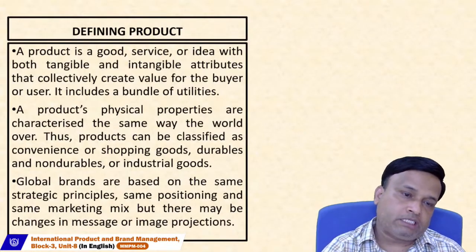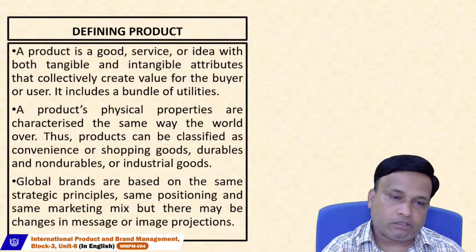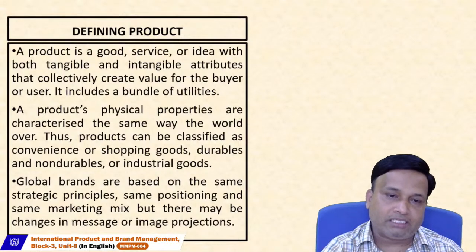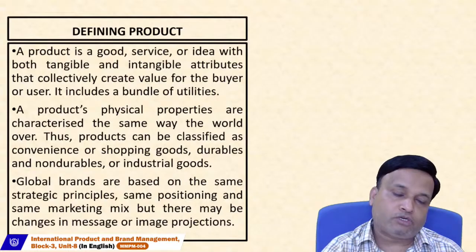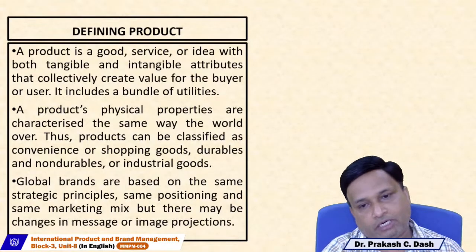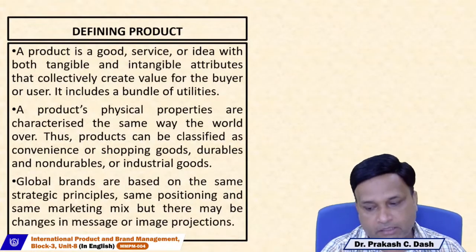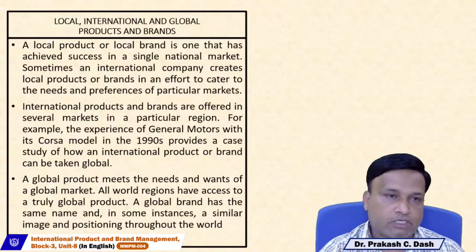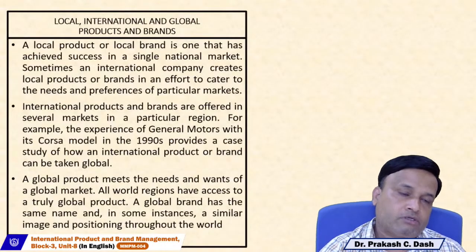A product's physical properties are characterized the same way the world over. Thus a product can be classified as convenience goods, shopping goods, durables or non-durables. So we categorize the product into categories as far as our knowledge is concerned. But in the case of an international product, it can be local products, local brands, international brands, and global brands.